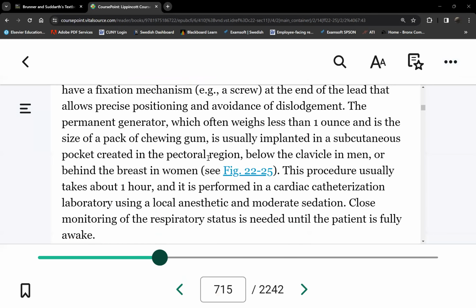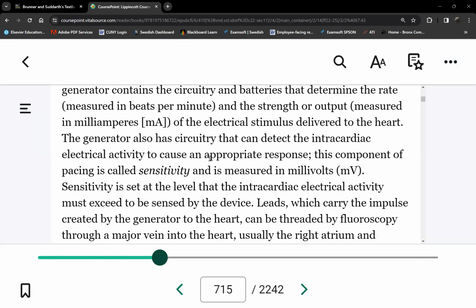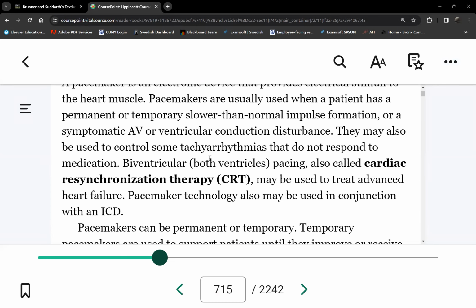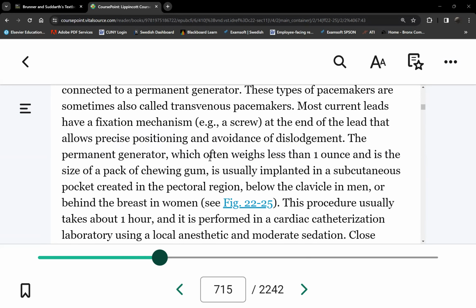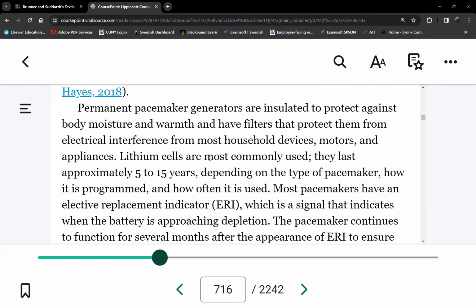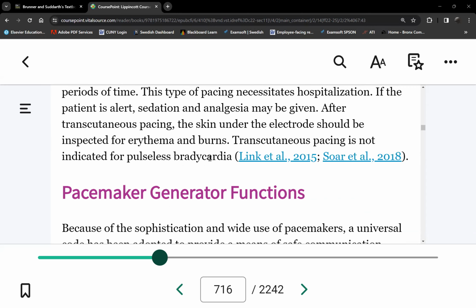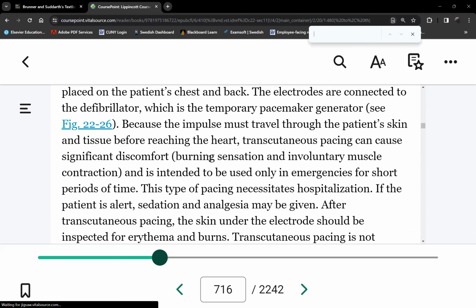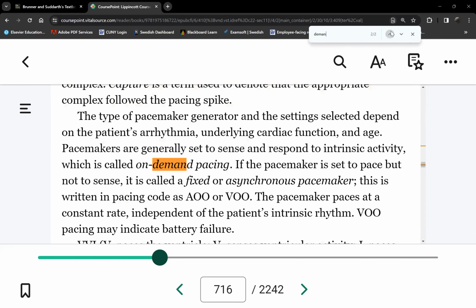Let's talk about the settings now. There are two general settings on a pacemaker. It's either set to on demand or fixed.